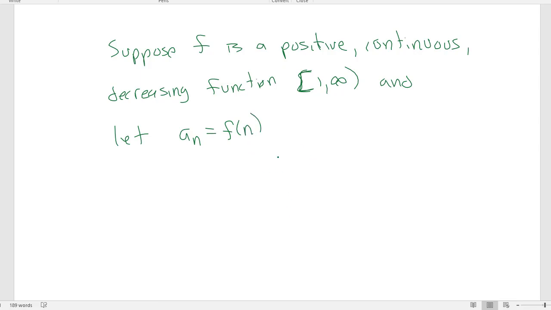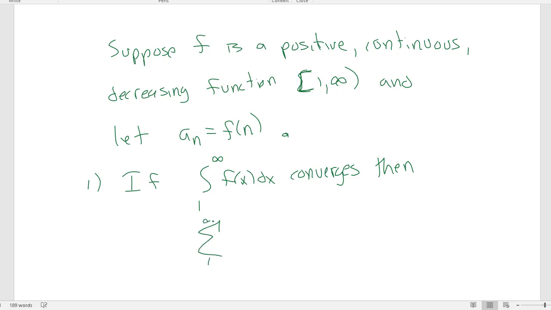All right, then what we can say is the following. So I'm going to come down here and say condition 1. If the integral from 1 to infinity converges, then the series from 1 to infinity also converges.